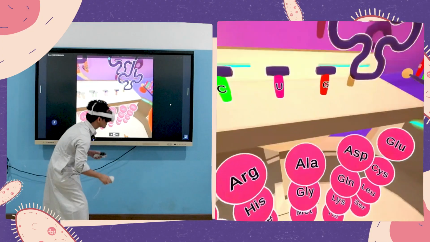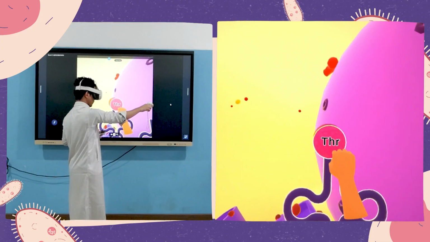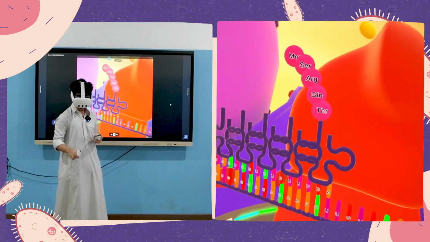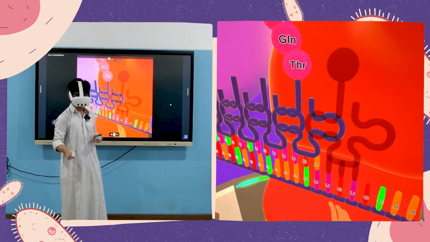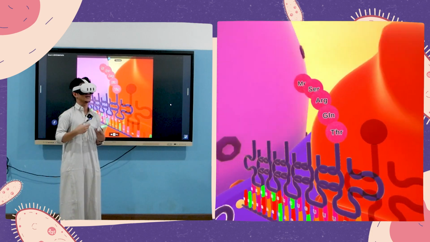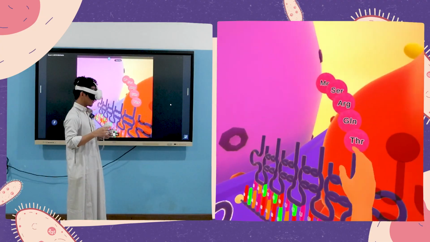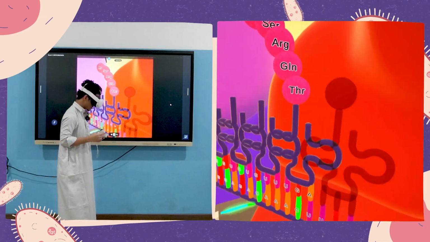Now, let's see. Okay, next one we got the UGU codon, so that's gonna be the cysteine. So the THR is actually threonine, and next one we got cysteine.